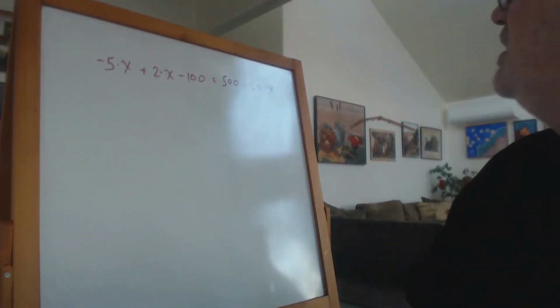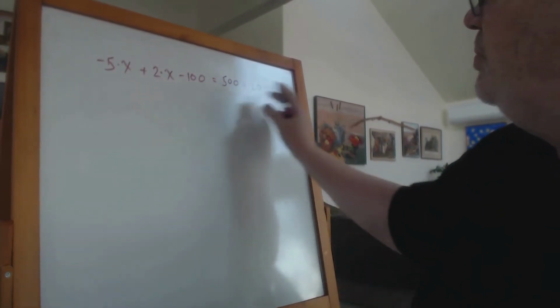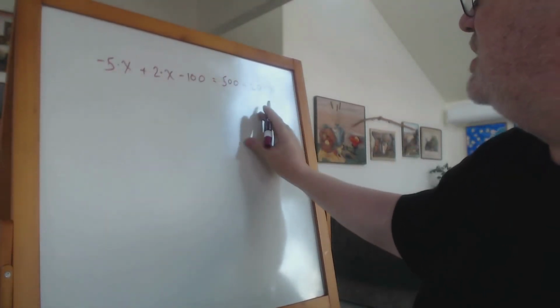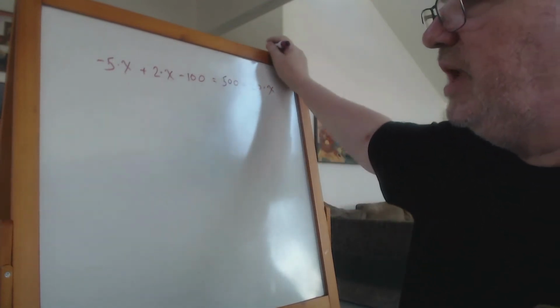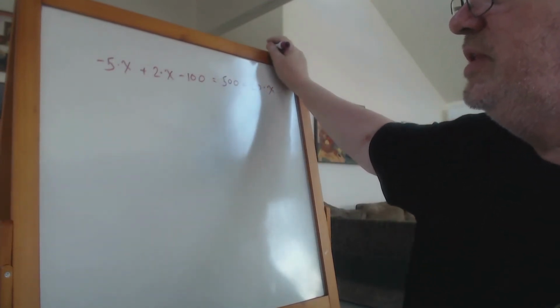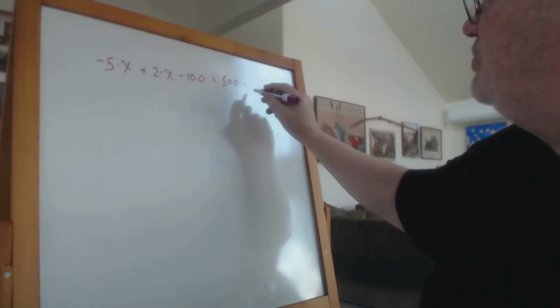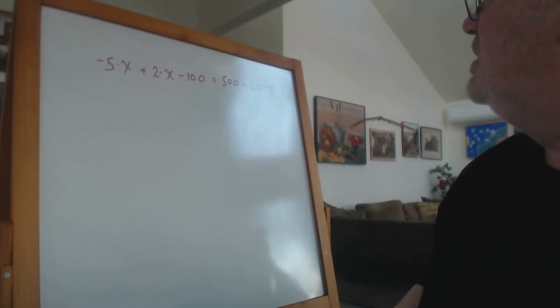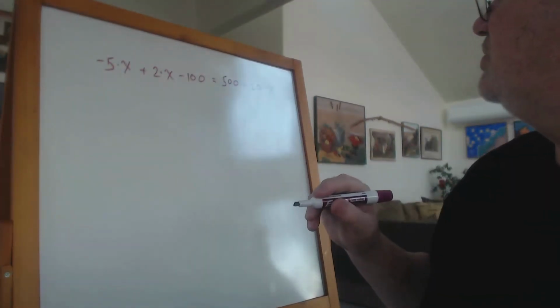Let's keep that equation. Again, the whole point is to simplify this by rules of addition and multiplication, and remembering that whatever we do to one side of the equation, we must do to the other side. We're going to be fine. We're going to be able to isolate x.